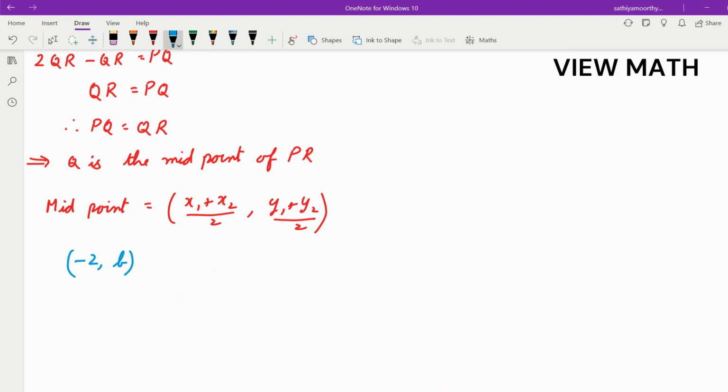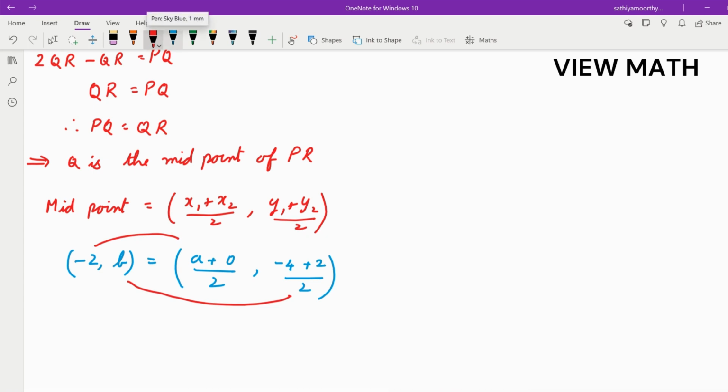Substituting, x1 is a plus x2 is 0 divided by 2, y1 is minus 4 plus y2 is 2 divided by 2. Now I'm going to equate the x coordinate and the y coordinate to find out the unknown values.